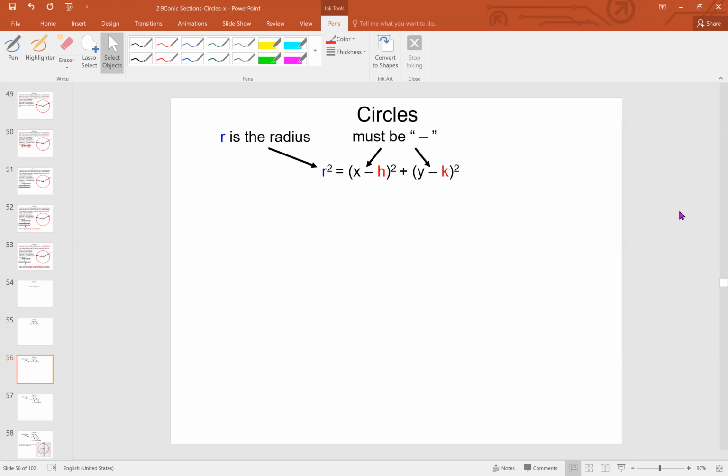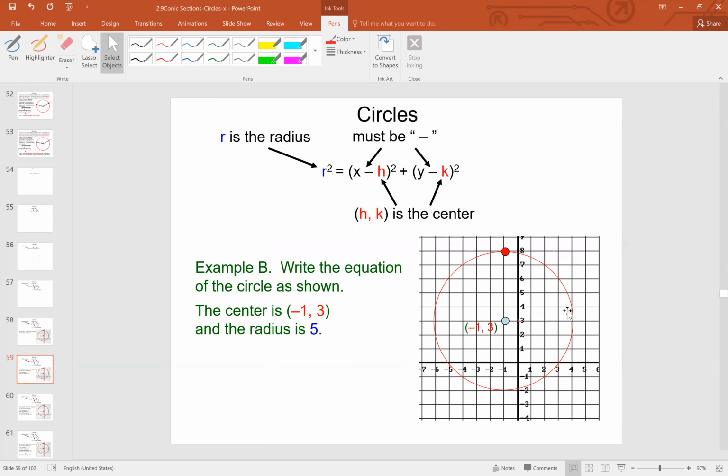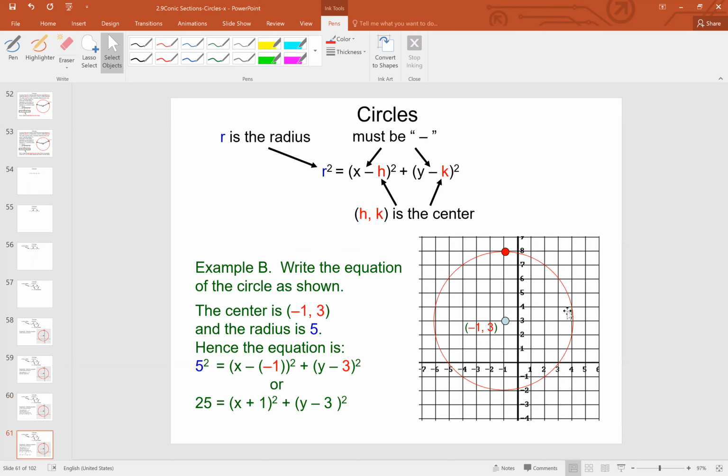First of all, you have to have the minus sign there, and R is going to be the radius, and (h, k) is going to be the center. So for example, if I want to write down the equation of this circle, we identify the center is (-1, 3), and the radius, I just count 1, 2, 3, 4, 5. So I can write the center and the radius, and then I put these numbers into h and k, and R is 5, and then voila, this is the second degree equation for this circle.